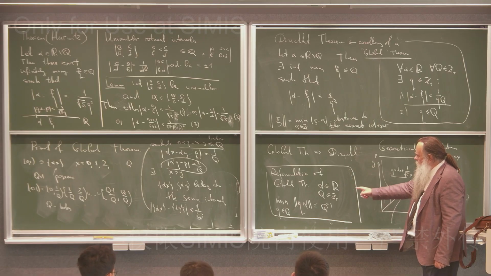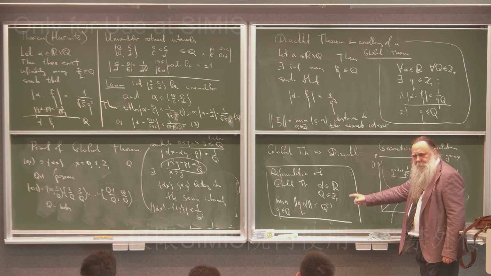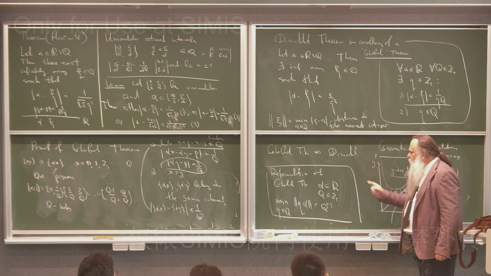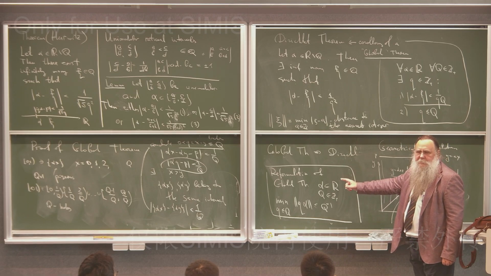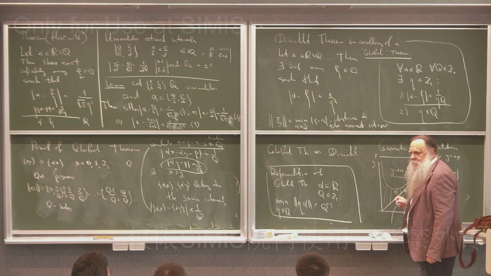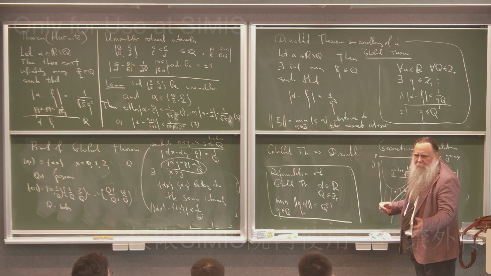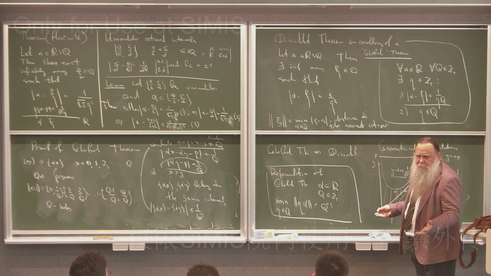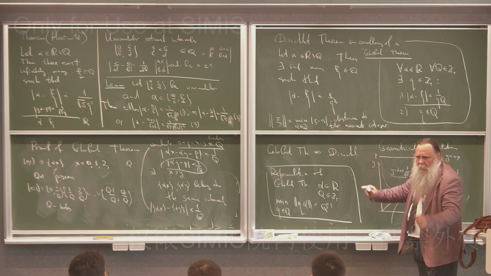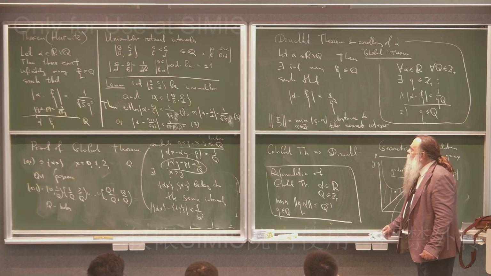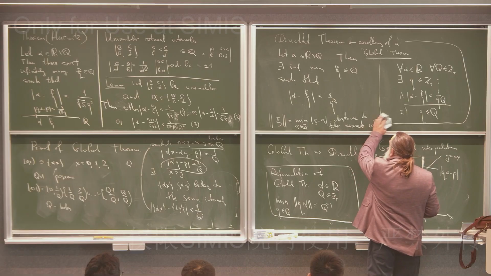Now I'm explaining the word global: why we call the Dirichlet theorem global and the Hurwitz theorem local. The Hurwitz theorem says that there exist infinitely many points. We do not claim where they exist, just infinitely many points, somewhere. But the Dirichlet theorem in global form says something different.